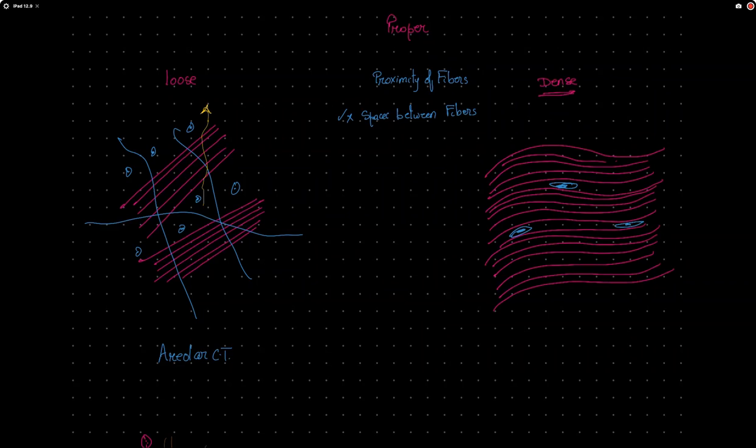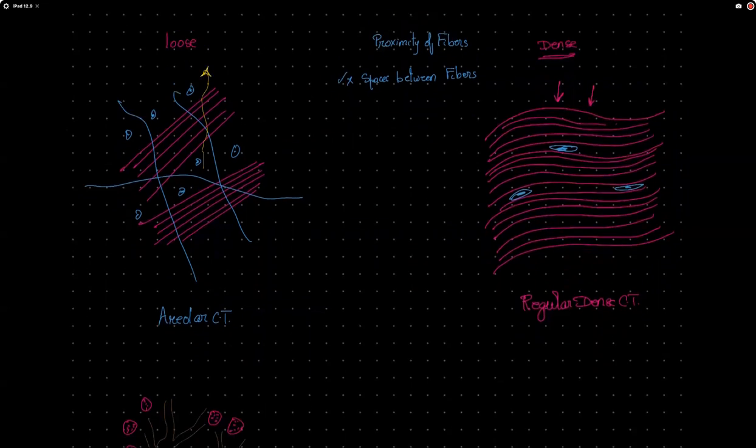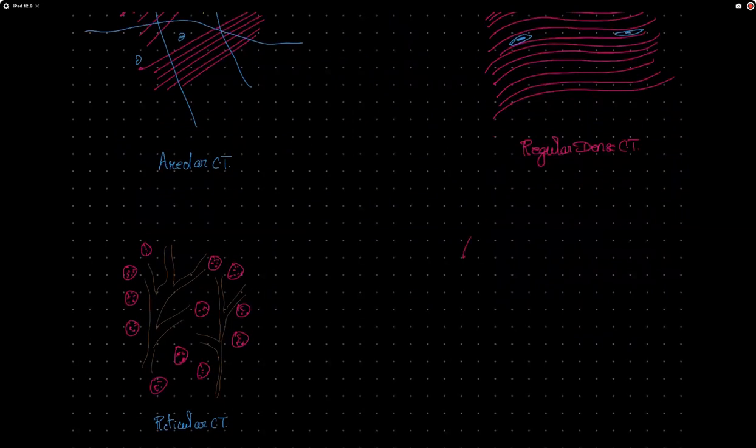But the regular dense connective tissue is going to have a pattern of arrangement to its collagen fibers. Unlike the irregular dense connective tissue, you're going to have collagen fibers which are traveling in various directions.